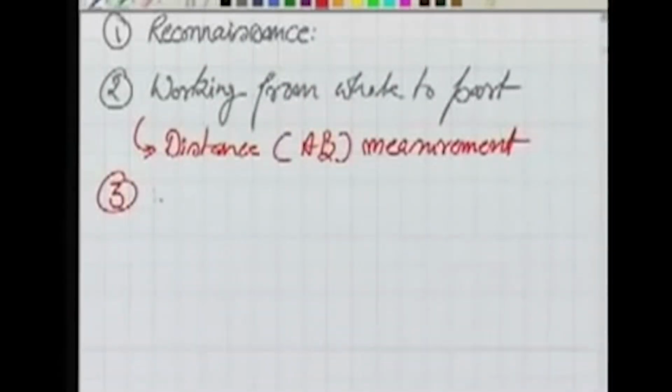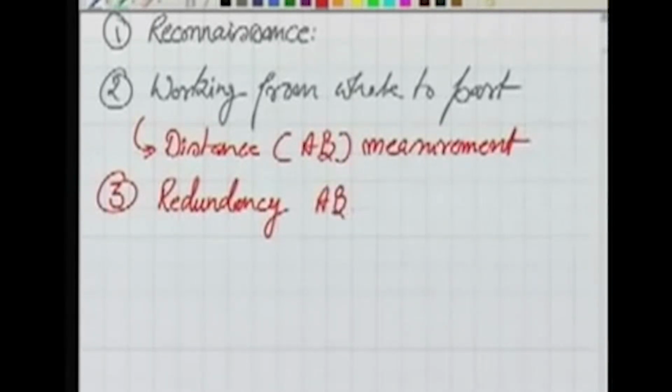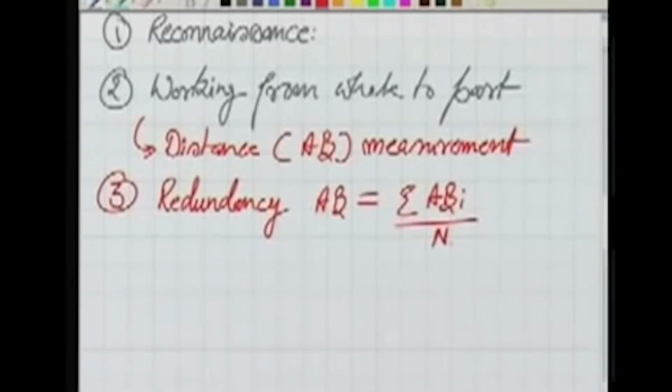Having all these measurements together, you are following one principle, that is maintaining redundancy in the observation. By doing this redundancy, the length of AB is actually the mean of all these AB measured, divided by the number of times it was measured. So this is the mean length.